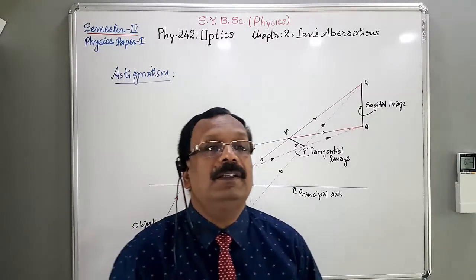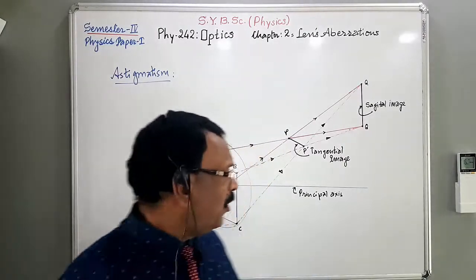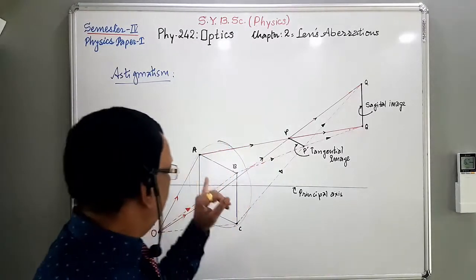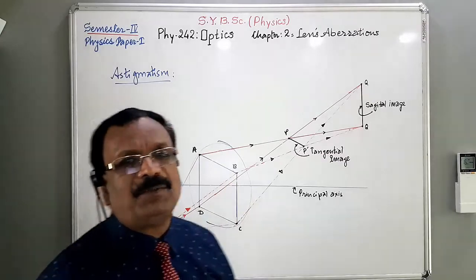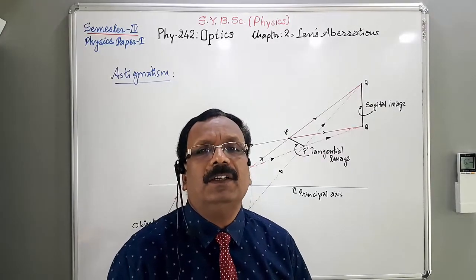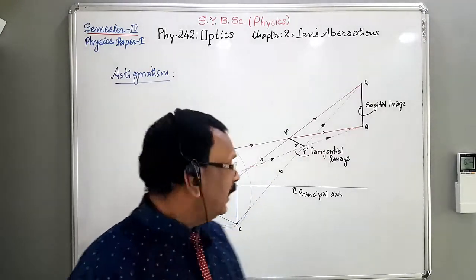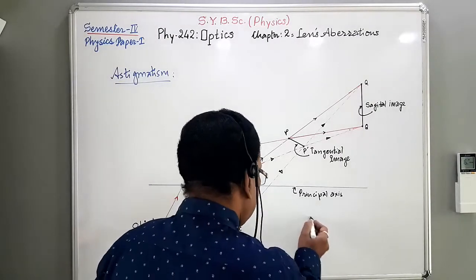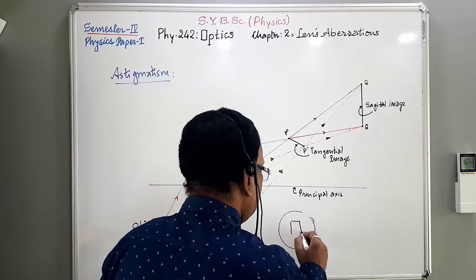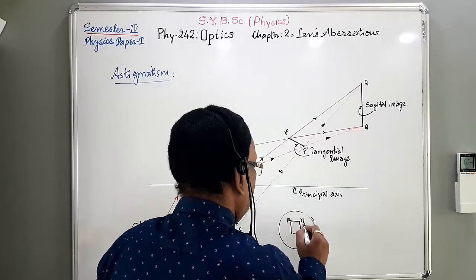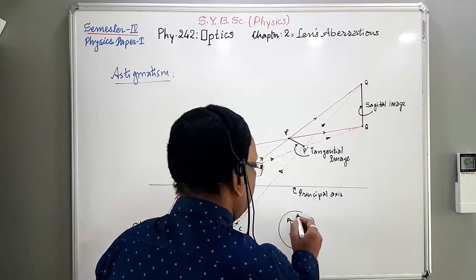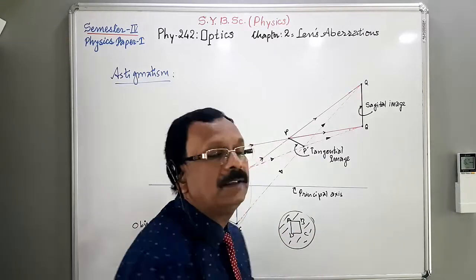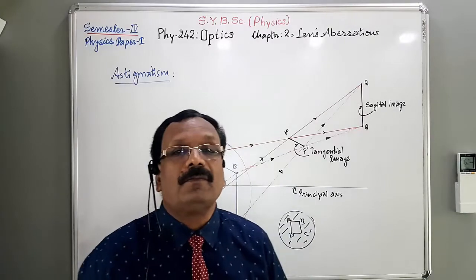Even if we consider a very small aperture, like ABCD, near the center of the lens, that means the other portion of the lens is blackened and only this aperture is there.